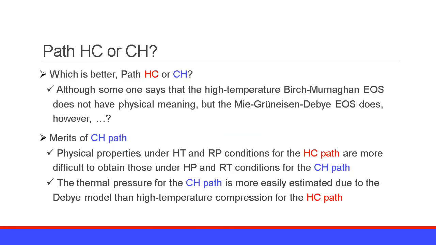Let us consider path HC and path CH, which can construct a better thermal equation of state. Some geophysicists say a high temperature Birch-Murnaghan equation does not have physical meaning, but the Mie-Gruneisen-Debye equation of state has, because the thermal pressure is expressed using the Debye model.